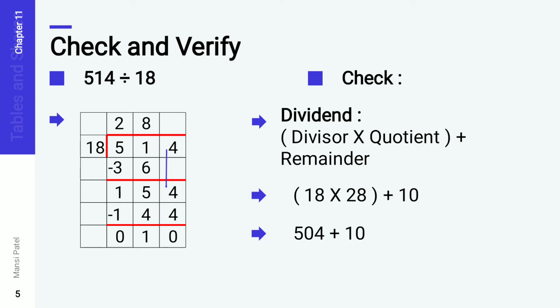Your remainder is 10. So just add it. So 504 plus 10 is 514. Like this you check and verify the answers of your division.